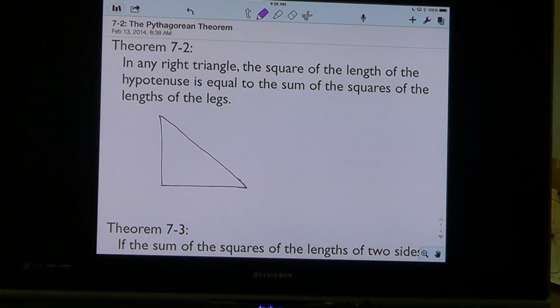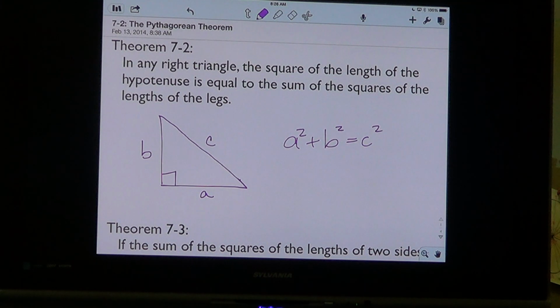And you've all heard it as what? A squared plus B squared equals C squared, where C is the hypotenuse and A and B are the legs.